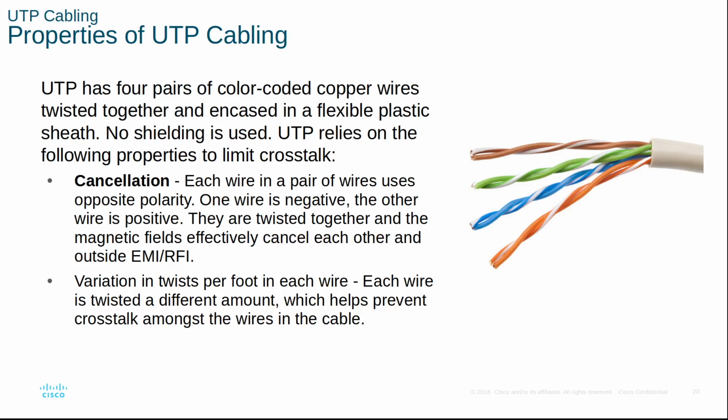And they're twisted together so the magnetic fields cancel each other out, or at least cancel the outside EMI and RFI. There's also variations in the number of twists per foot for each wire. Each wire is twisted a slightly different amount, and that helps mitigate against crosstalk in the wires within the cable. It's a good thing.